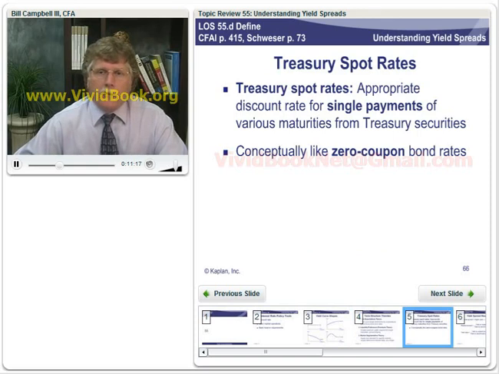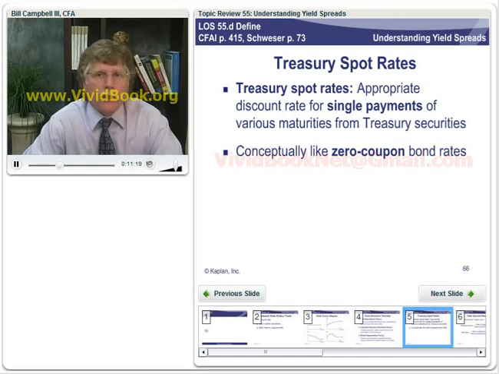Okay, Treasury spot rates. The Treasury spot curve is the yield curve that is used to discount single payments. So if you have a single payment coming a year from now, a single payment coming 18 months from now, a single payment coming 5 years from now, and it's a Treasury payment, so it is considered a risk-free payment.